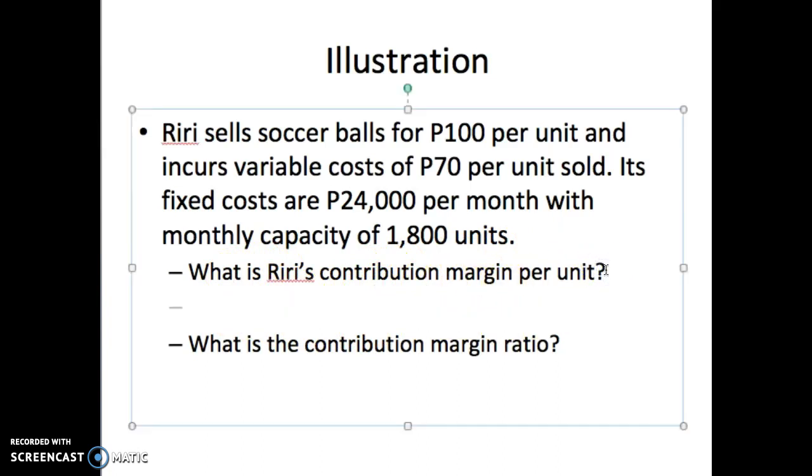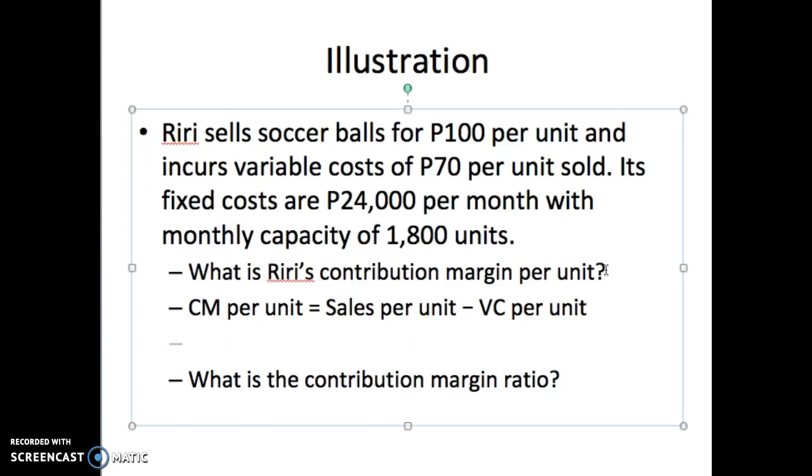Now we need to compute for the contribution margin per unit. First, we need to know how to get it. So if you refer to the previous slides, or if you look at your book, contribution margin per unit can be solved by subtracting the sales or selling price per unit minus variable cost per unit.